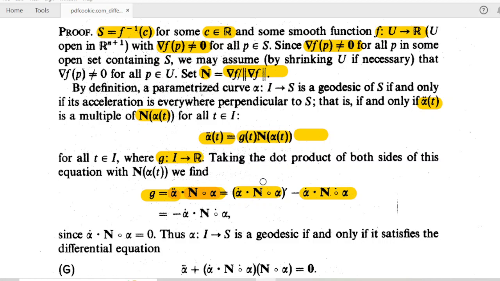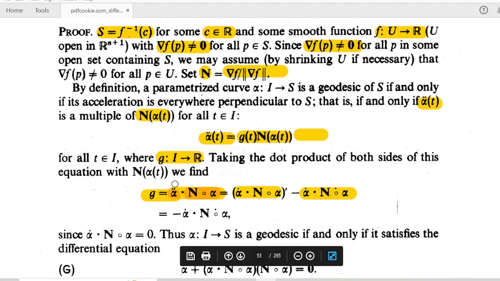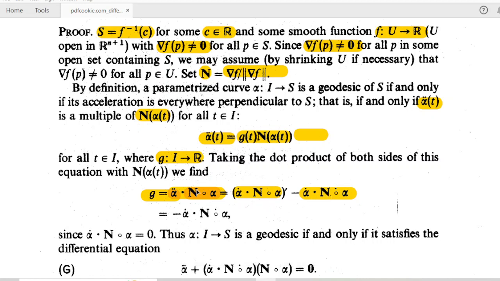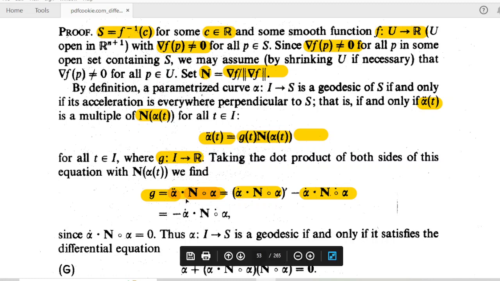Now if we open this bracket, there will be an extra alpha double dot dot n composition alpha, plus alpha dot dot n composition dot alpha, and the minus balances it. Now we can see that alpha dot is our velocity vector or tangent vector, and n of alpha of t is the normal. When we take the dot product of normal and tangent, the value is 0. So you get 0 minus the second term.